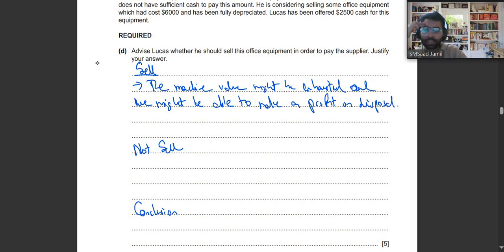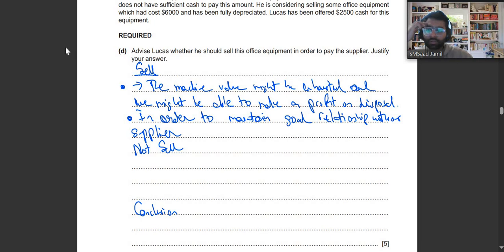Second reason can be, let me just write dots over here, you know the number of reasons, in order to maintain good relationship with our supplier.